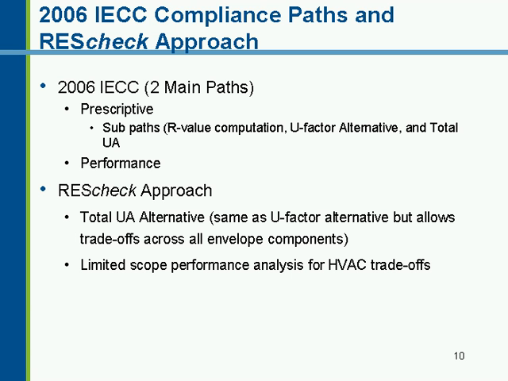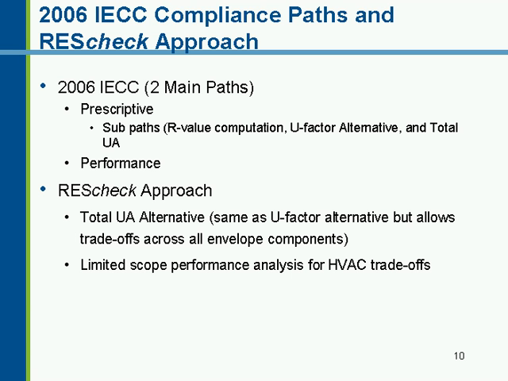Now in the 2006 IECC there are compliance paths and there is the REScheck approach. To get a better idea of how REScheck works and the compliance paths that are available in the 2006, I've defined them here. In the 2006 there are two main paths. There's the prescriptive path, and underneath that there are some subpaths.